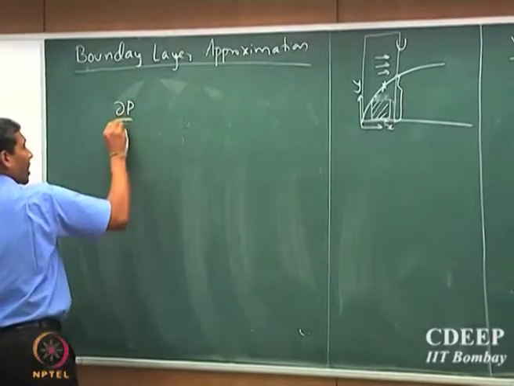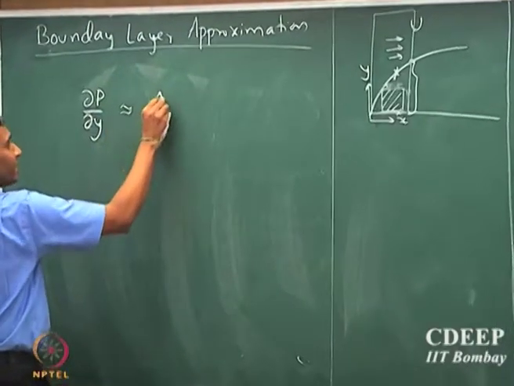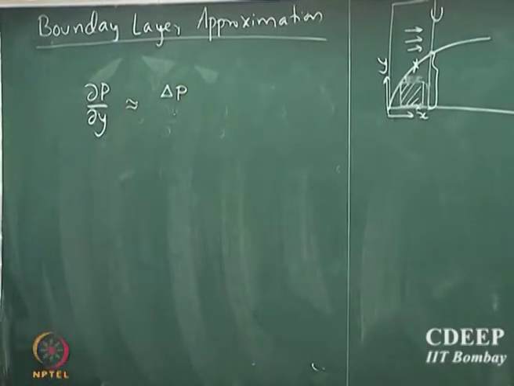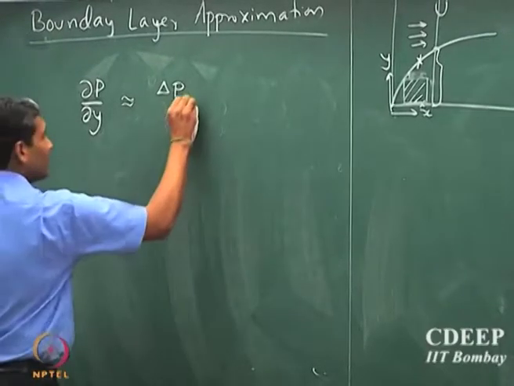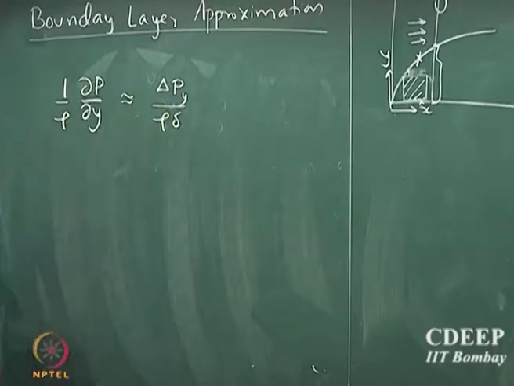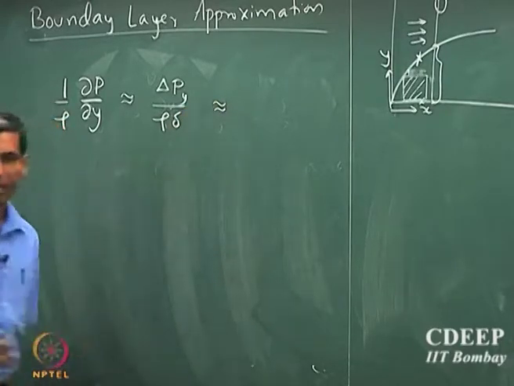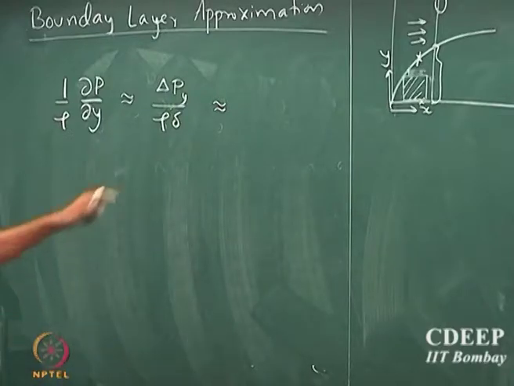So dP by dy, okay. Suppose delta Py is the pressure change in the y direction, so this will scale as rho into delta, okay. So y direction scales as the boundary layer thickness. Now delta Py is given by the inertial terms, so how do we write pressure delta P in terms of velocity?